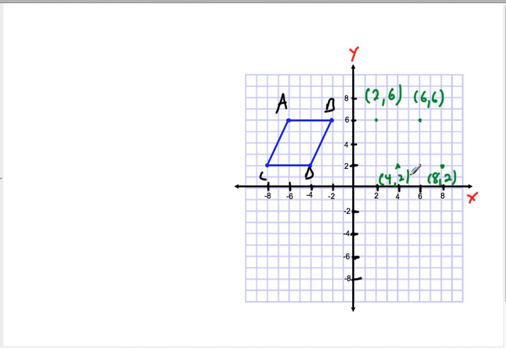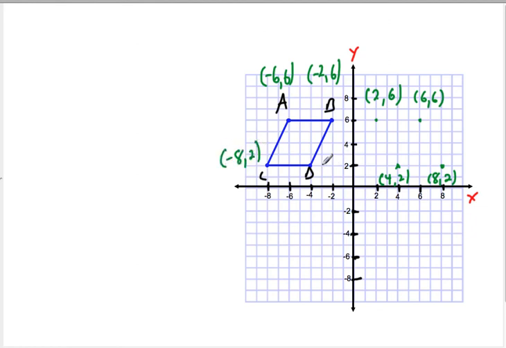Alright, now we could compare these points to the points over here. So point A was at -6, 6. Point B is at -2, 6. Point C is at -8, 2. And point D was at -4, 2.